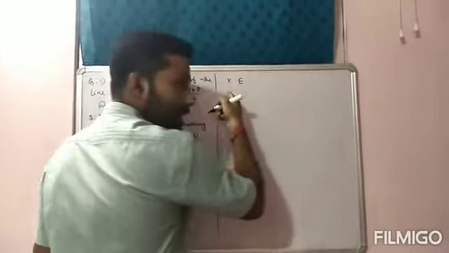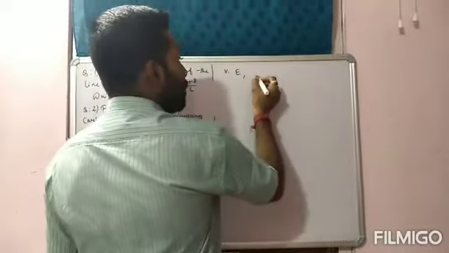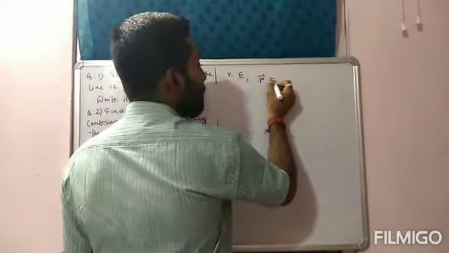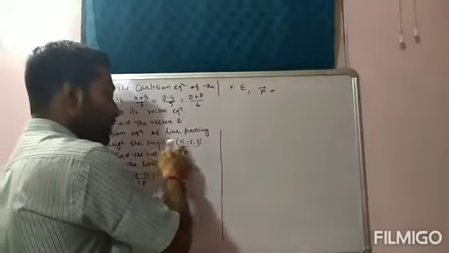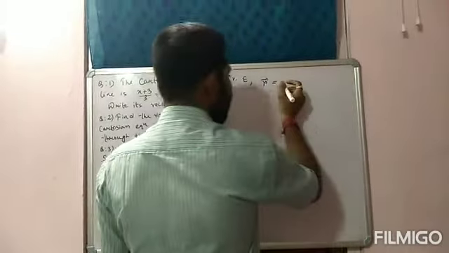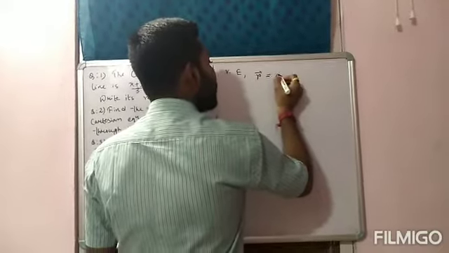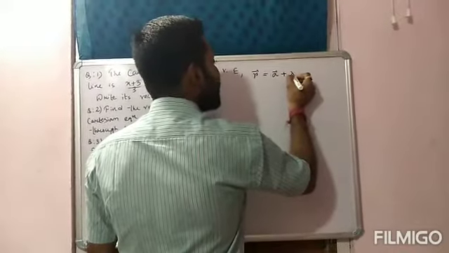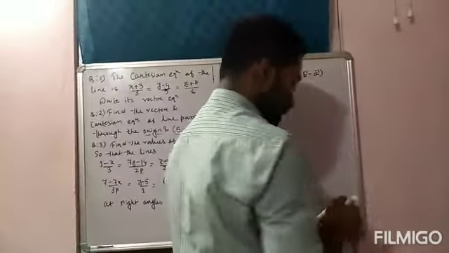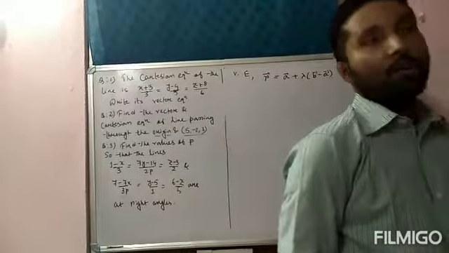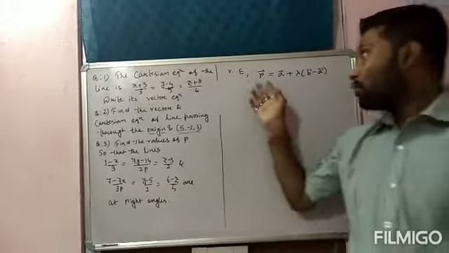Again, I am first writing the formula, after that I will come to the solution. We know the vector equation of a line passing through 2 given points. Here 2 points are given. So it is R is equal to a bar plus lambda into b bar minus a bar. This is the vector equation of a line passing through 2 points.